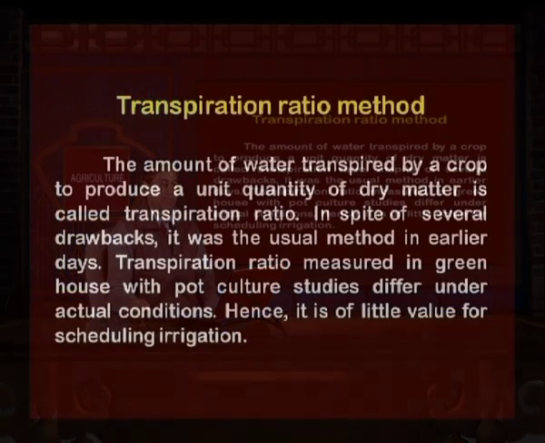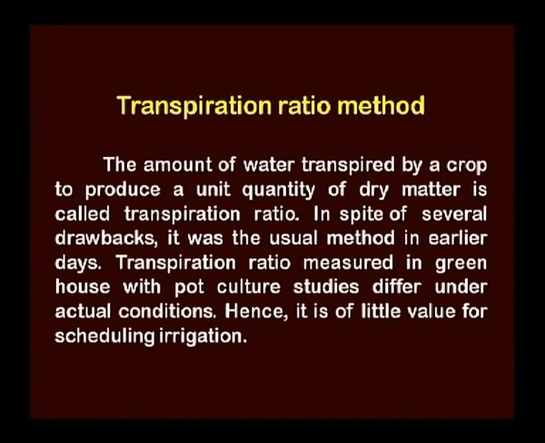Transpiration ratio method. The amount of water transpired by a crop to produce a unit quantity of dry matter is called transpiration ratio. In spite of several drawbacks, it was the usual method in earlier days. Transpiration ratio measured in greenhouse with pot culture studies differs under actual conditions, hence it is of little value for scheduling irrigation.